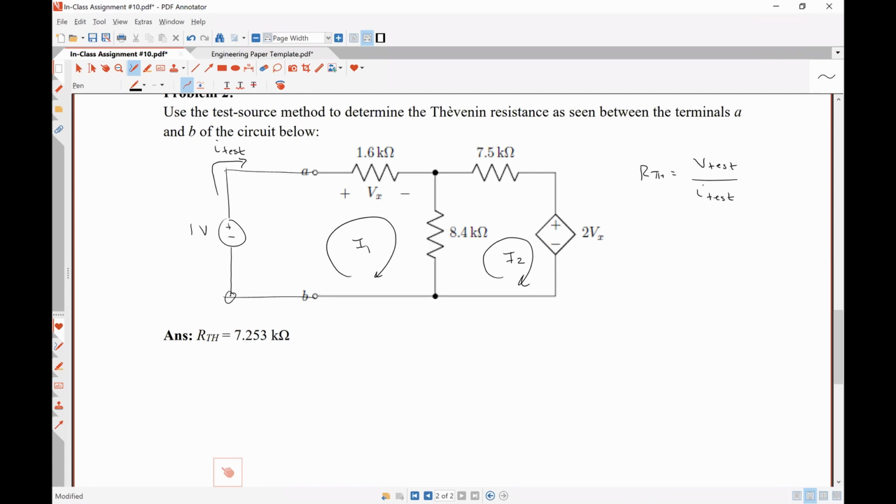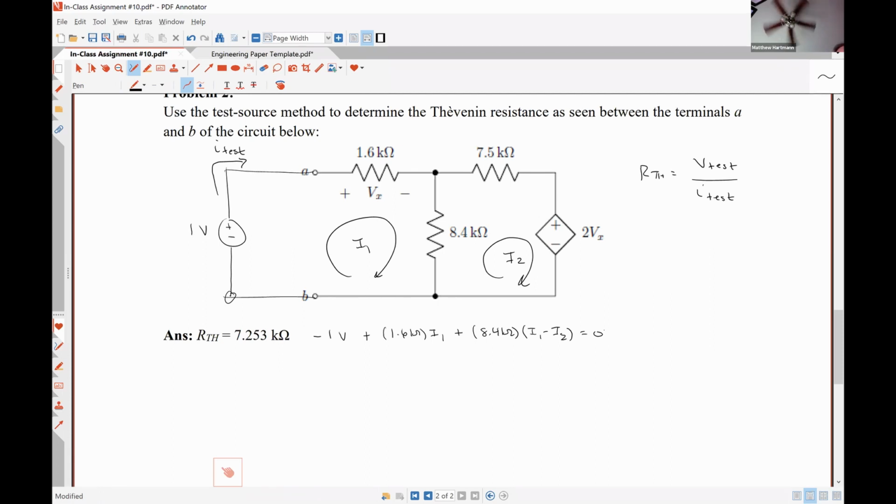Negative 1 volt. All right, negative 1 volt. What's next? Plus 1.6 kilohms times I1. What's next? And plus 8.4 kilohms times I1 minus I2. Equal to 0. Is equal to 0. Okay, I'm good with all that.